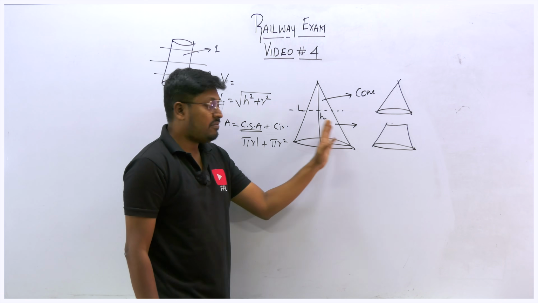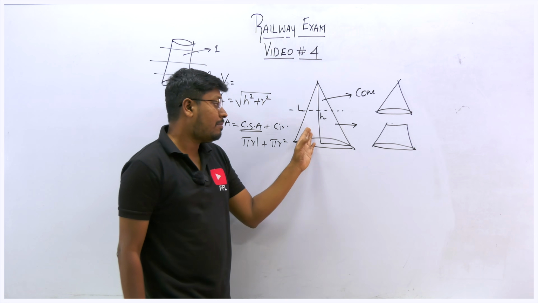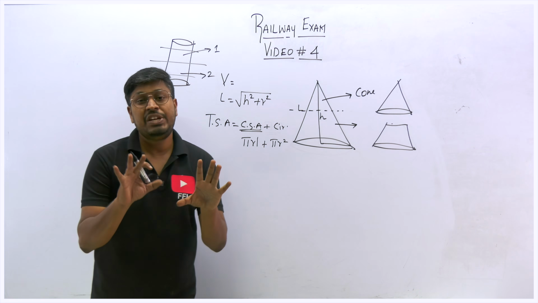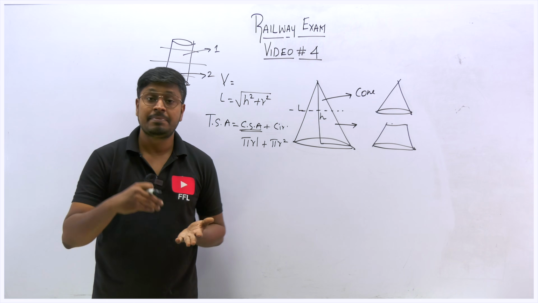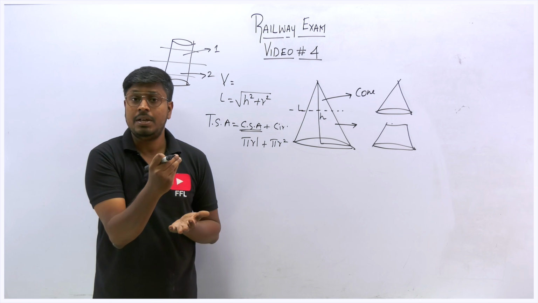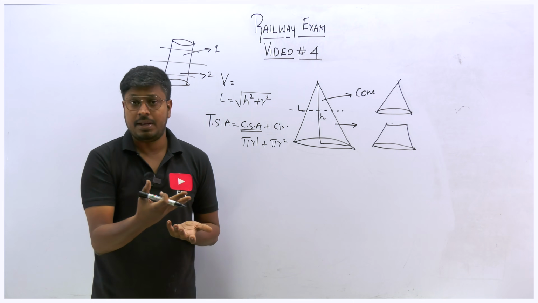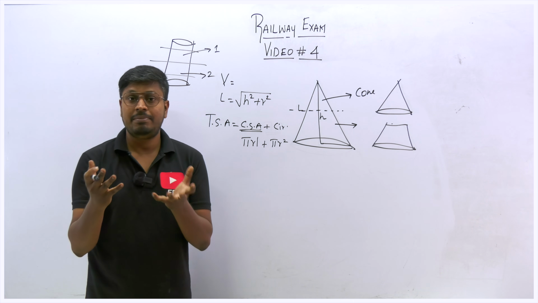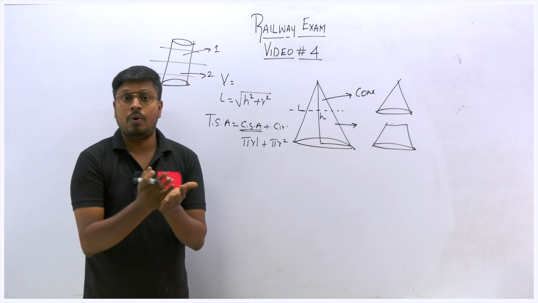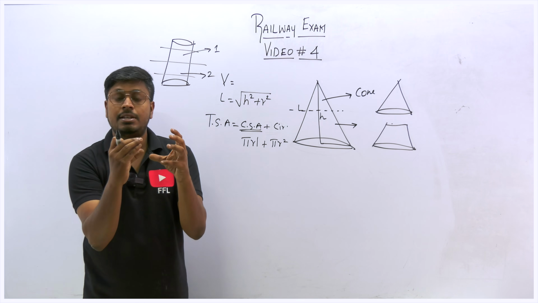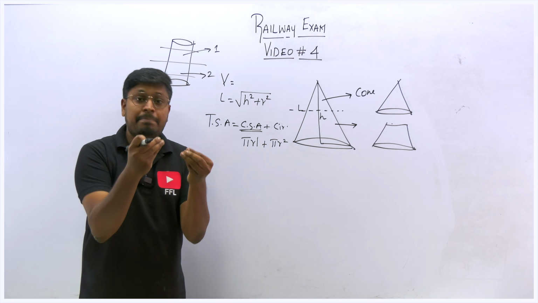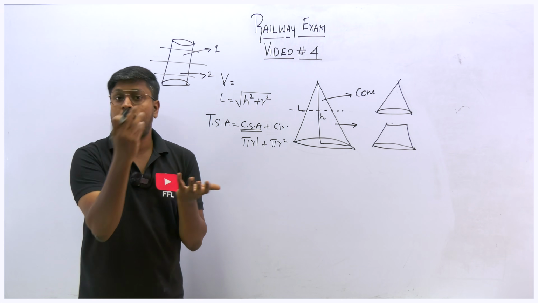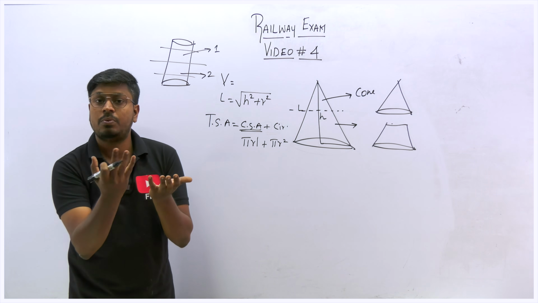So in cone we have only one major category, a normal cone question, which everyone knows. But for frustum of a cone, you don't need to learn any new formulas. That is most important, because when you look in books, there are many formulas given for a frustum of a cone, but kindly don't learn them. Why? Because we know the complete cone formula, right? For finding a frustum of a cone, it is easy to subtract. When you know the complete cone and the topmost cone volume, finding the frustum volume is easy.